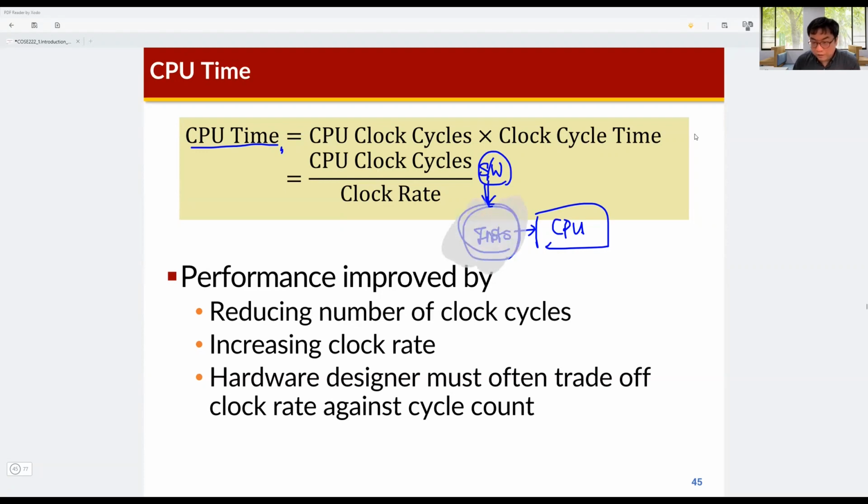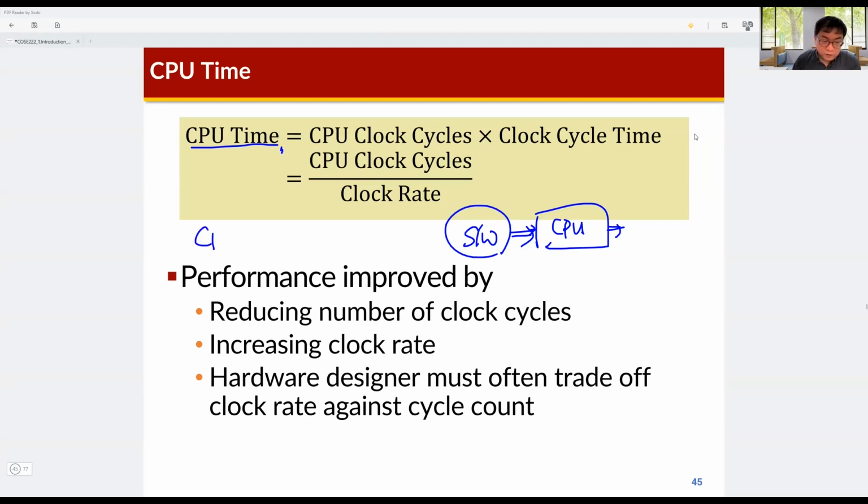We assume that the CPU just receives the software, starts execution, and ends the execution of this software.